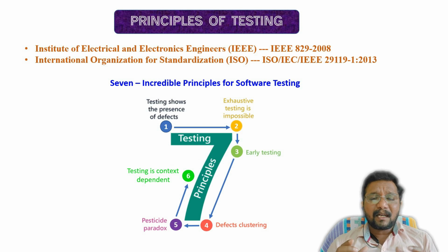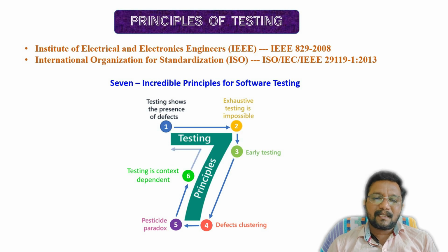So that means the entire testing process depends on the type of business, the type of domain we are working with. So that is the reason software testing depends on context. Okay, domain dependent. So that is the sixth principle.